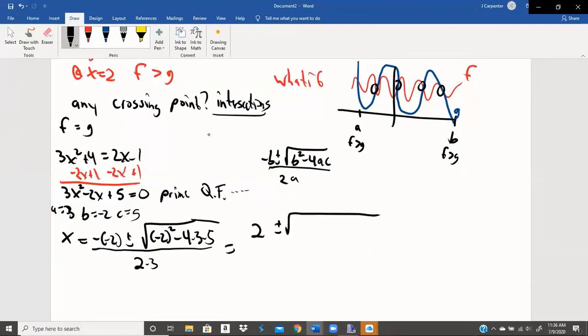I'm doing this quick because I just want to get to the point. Square root of 4 plus 4 times 5 is 20. 20 times 3 is 60. All over 6. You know what, I said that was prime and it's not.